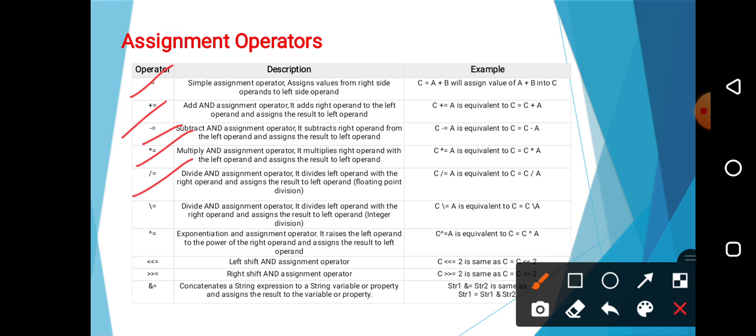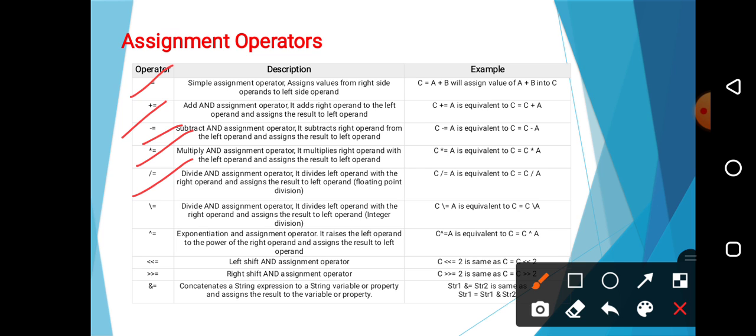Similarly, we have minus equal, which is equivalent to C is equal to C minus A. The same way we have multiply and divide operations too, which will take C is equal to C into A and C is equal to C divided by A. So these are the uses of the assignment operator.